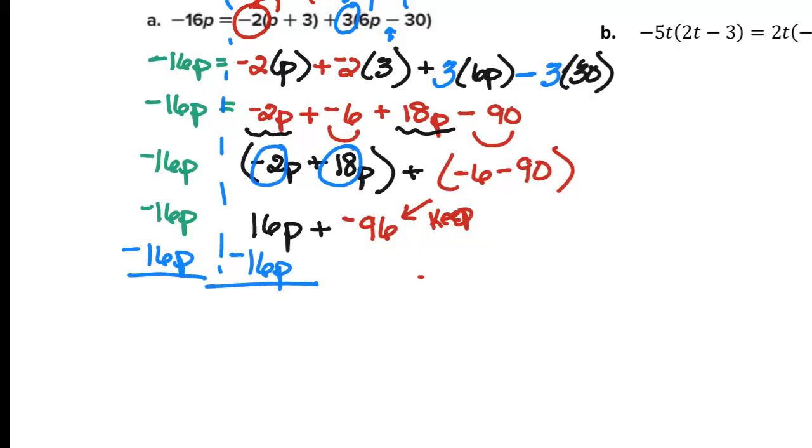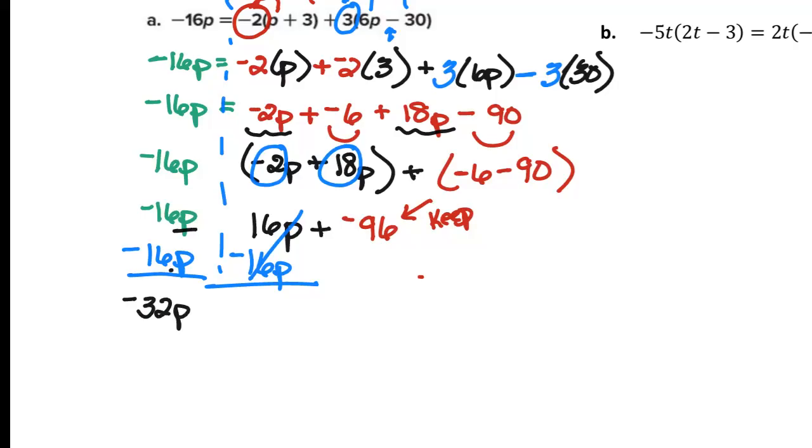So 16p minus 16p, that's going to cancel out to be 0p. And 0 times anything is 0. This maybe gets a little tricky. Negative 16p, think of that on the number line, negative 16, and then take away 16 more. That gives you negative 32p.